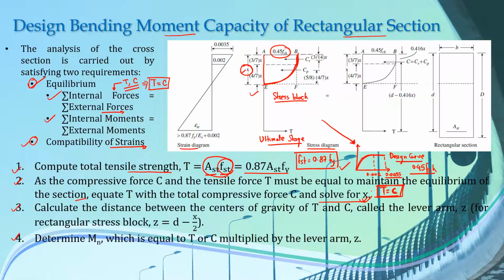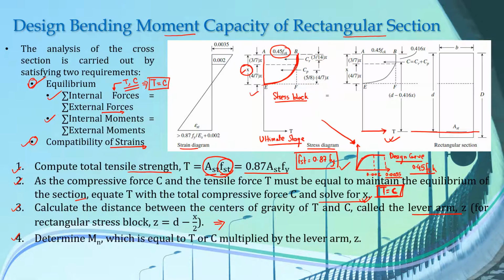And after calculating the value of X, you can calculate the lever arm, which is represented by Z. Lever arm means the distance between the points of application of tensile force and compressive force. So in this third diagram, this is the line of tensile reinforcement as you see in the beam here.